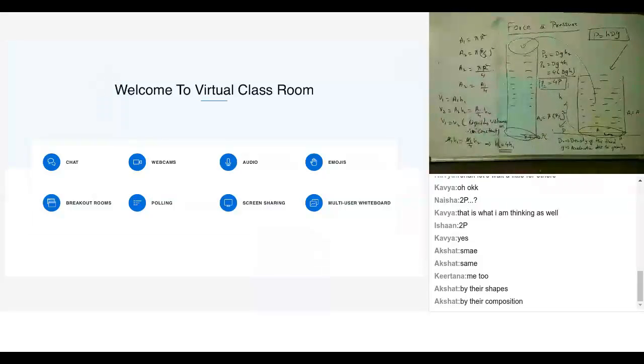Just check it. All of you got it? Because the radius is half, the area will become 1/4. Sir, can you explain the last step? What is pressure? Pressure is density into acceleration due to gravity into height, right? So what is the height of the liquid column in the second cylinder? 4H1.